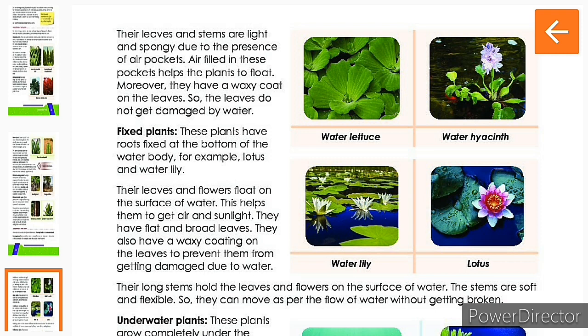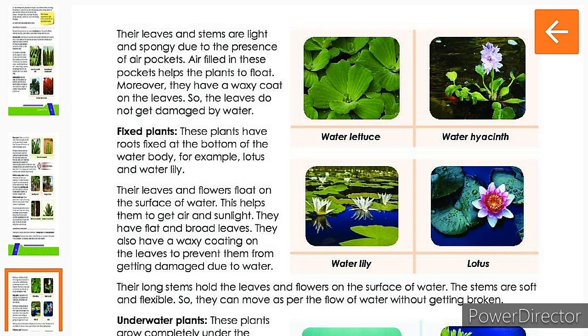Let's see what type of adaptation they have. Their leaves and flowers float on the surface of water. This helps them to get air and sunlight. Though they are floating on the surface of water, they are able to get sufficient air and sunlight. They have flat and broad leaves.